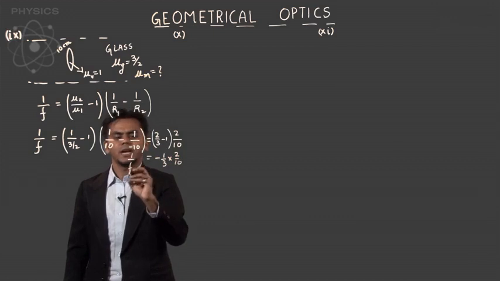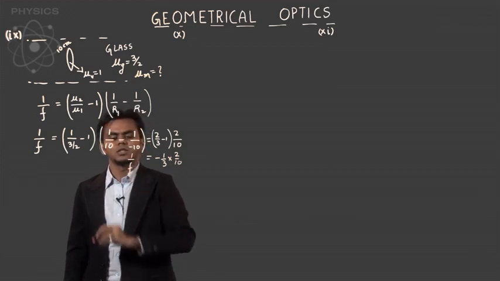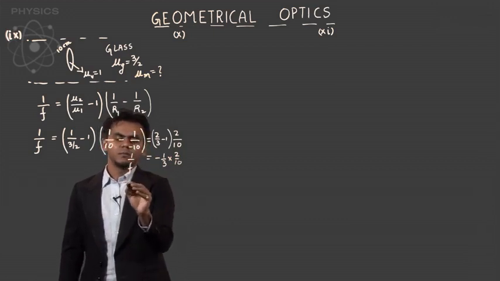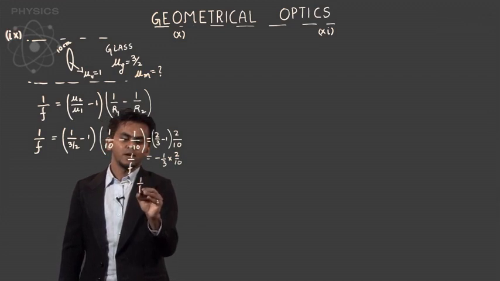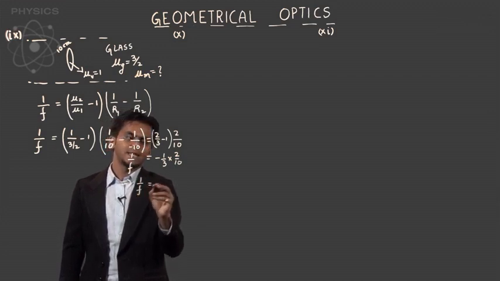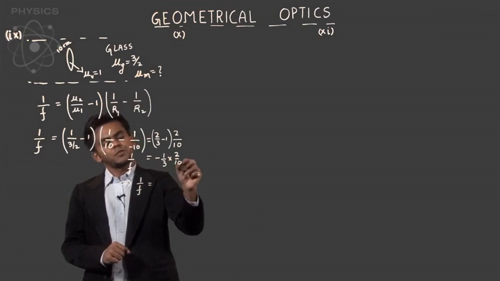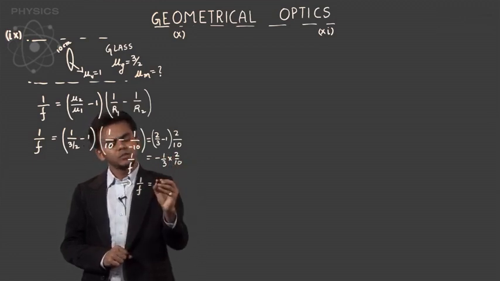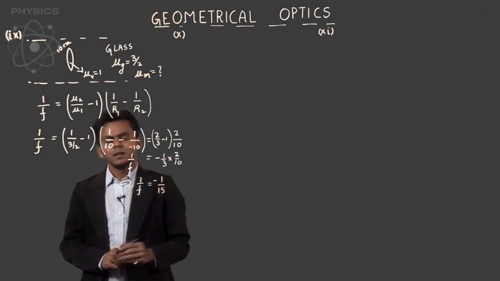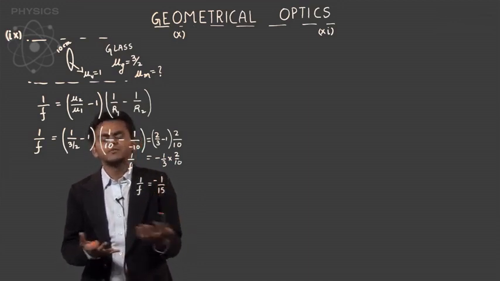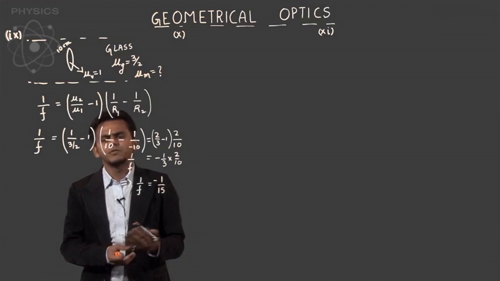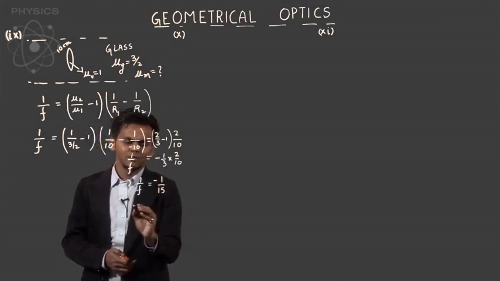This is a 1/f value. In the original situation, this would imply your 1/f as minus 2/30, so minus 1/15. So this implies a focal length of minus 15 and power of minus 1 by 15. Let's write that for you, or you might just get confused.